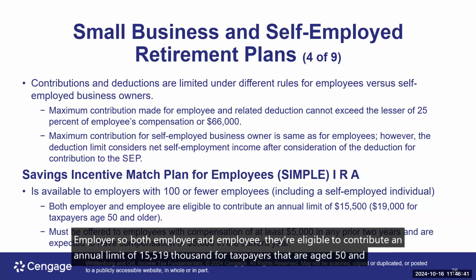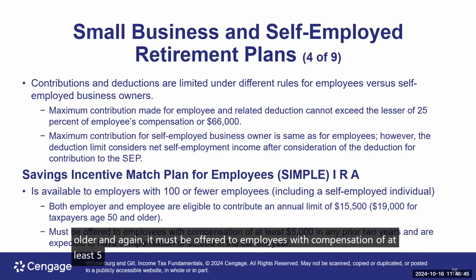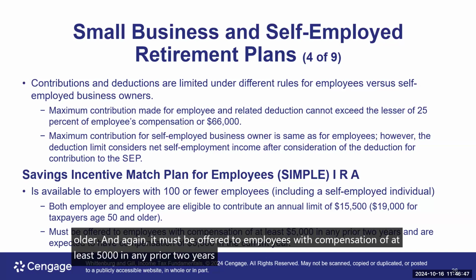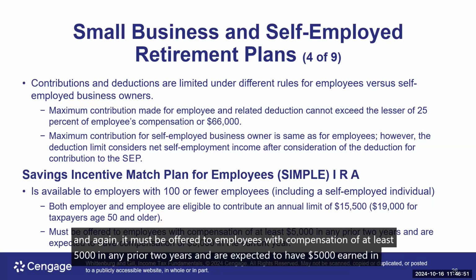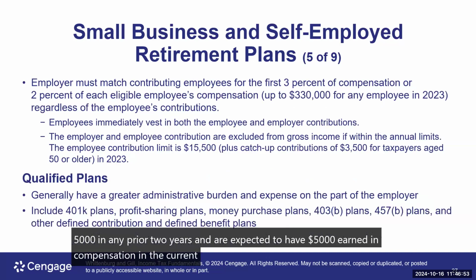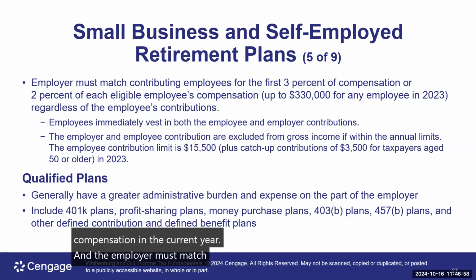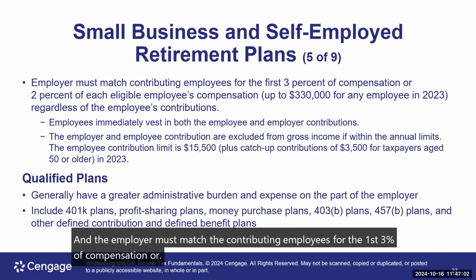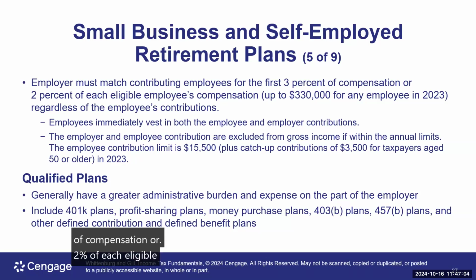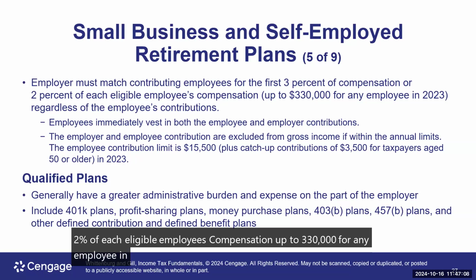And again, it must be offered to employees with compensation of at least $5,000 in any prior 2 years and who are expected to have $5,000 earned in compensation in the current year. The employer must match the contributing employees for the first 3% of compensation, or contribute 2% of each eligible employee's compensation up to $330,000 for any employee in 2023, regardless of that employee's contributions.